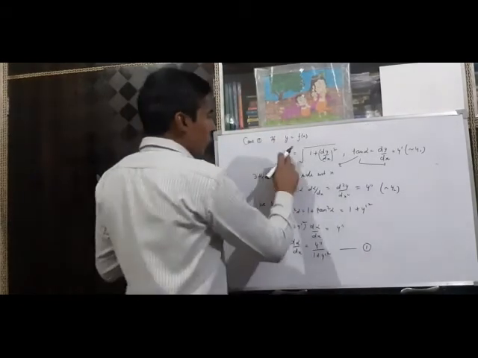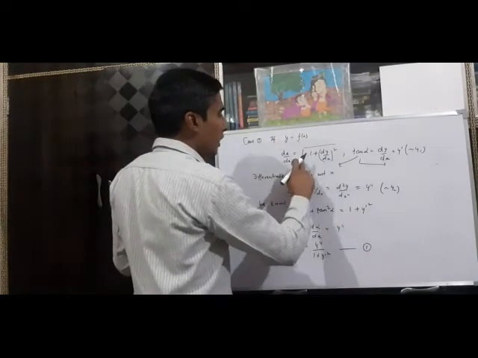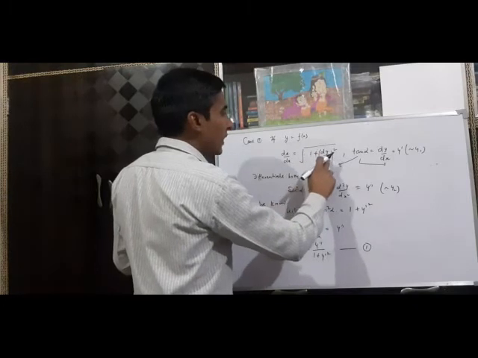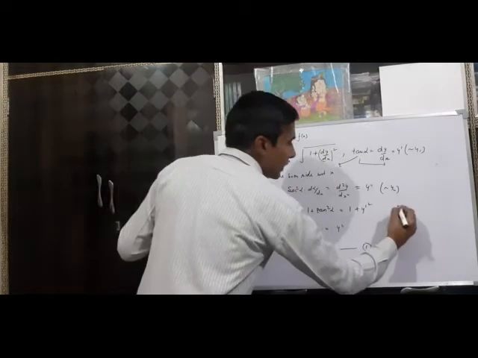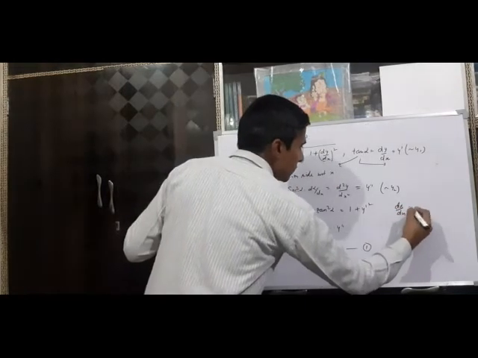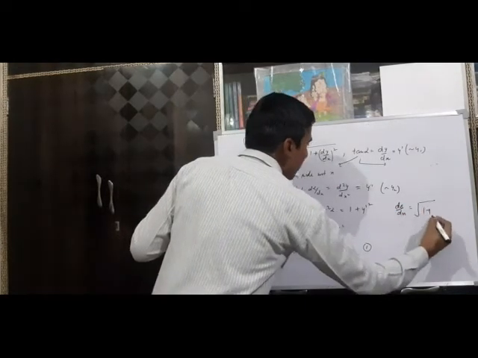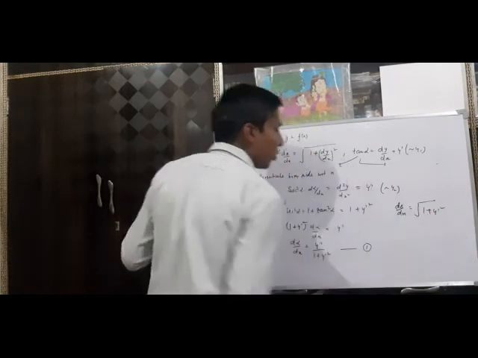As we know, ds by dx is under root of 1 plus (dy by dx) whole square. So this can be written as ds by dx is under root 1 plus y prime whole square.